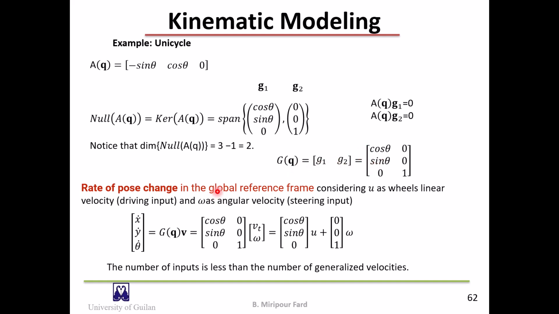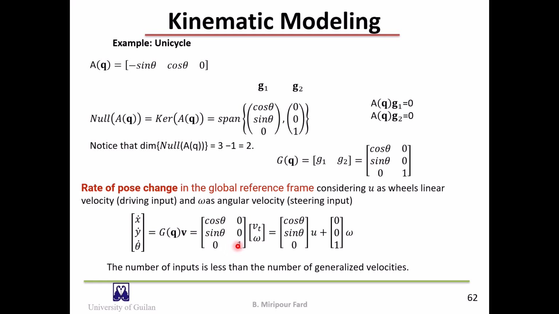Considering the rate of pose change in the global reference frame, with U as the wheel's linear velocity driving input and omega as the angular velocity or steering input, the equation relating the actions and the rate of pose change can be given as you can see in this slide.